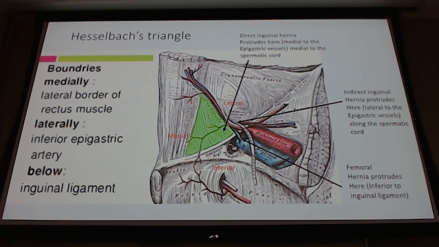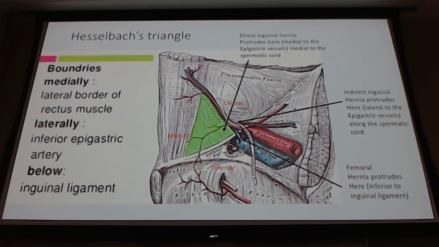And then your inguinal ligament is your inferior wall. It makes a triangle. This is your Hesselbach's triangle. This is where direct hernias come from. Okay? So when you see Hesselbach's triangle, think direct.